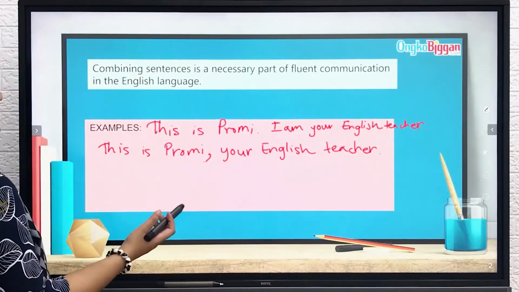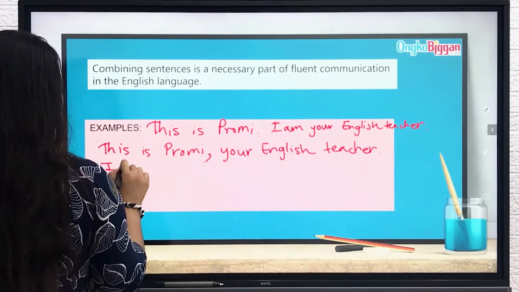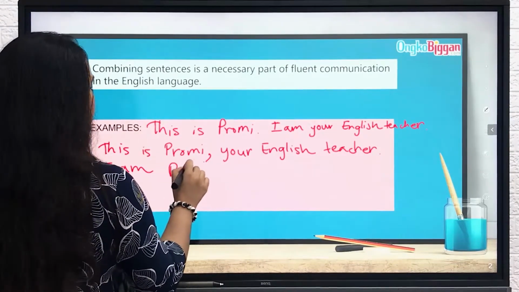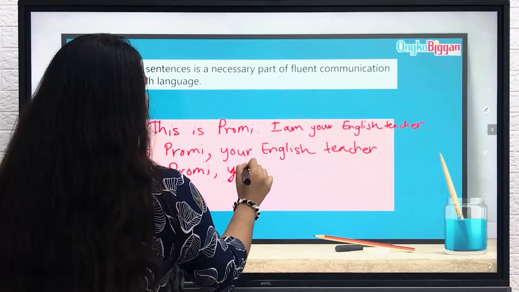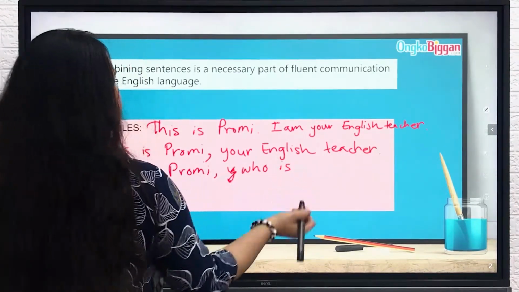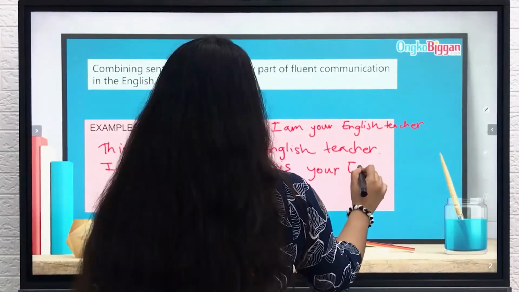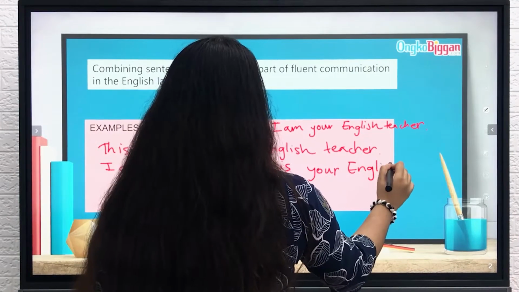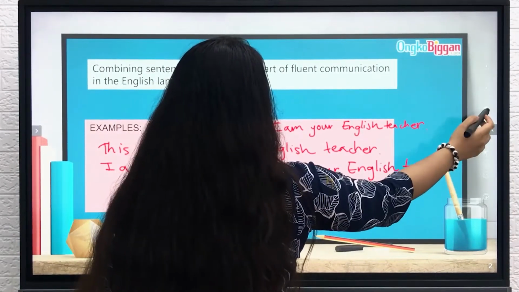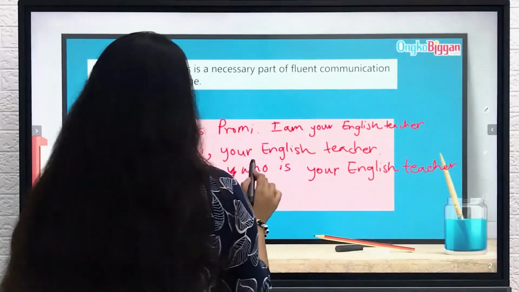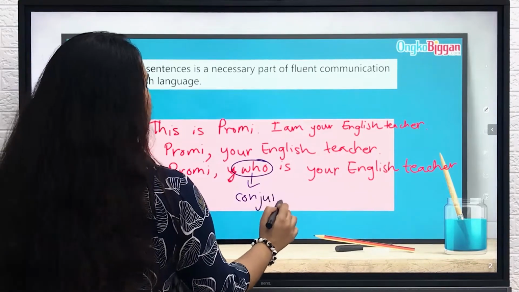I can also put this sentence in another way. I can say I am Promi, who is your English teacher. In that case, I am joining the sentences with an extra word, who. This means that the word who in this case is acting as a particular conjunction, right?